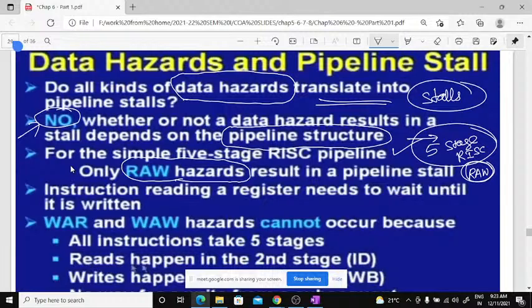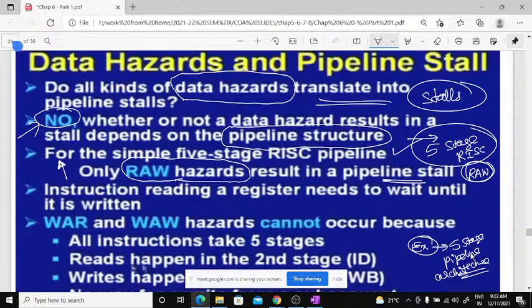It depends. For this particular 5-stage pipeline, this RAW type of hazard results in the pipeline stall. In our academics, for study purposes, we are using the 5-stage pipeline architecture.